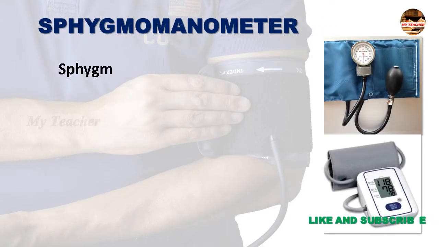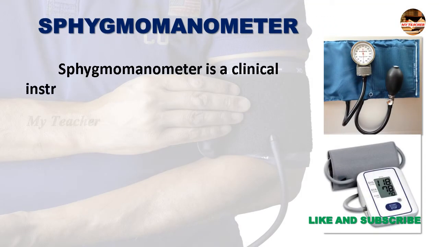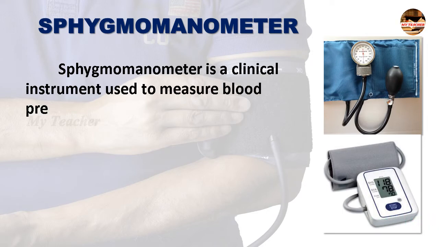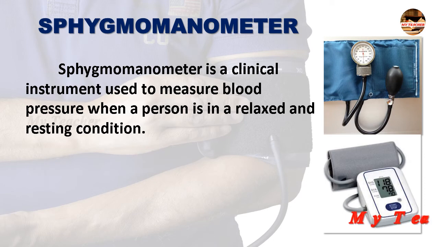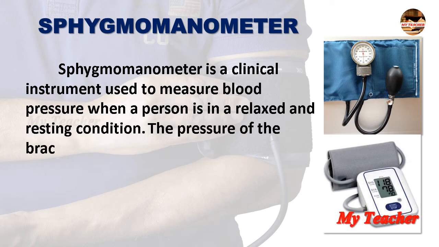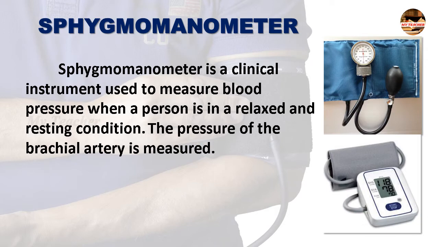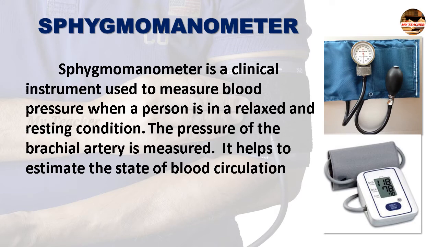Sphygmomanometer. Sphygmomanometer is a clinical instrument used to measure blood pressure when a person is in a relaxed and resting condition. The pressure of the brachial artery is measured. It helps to estimate the state of blood circulation and the working of the heart.